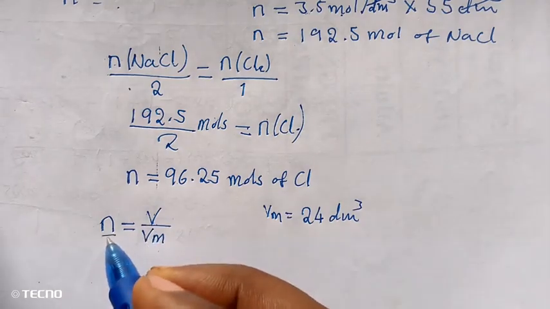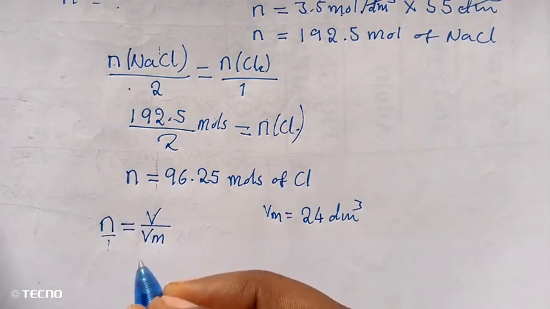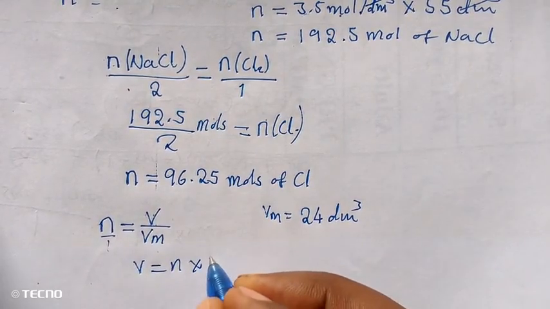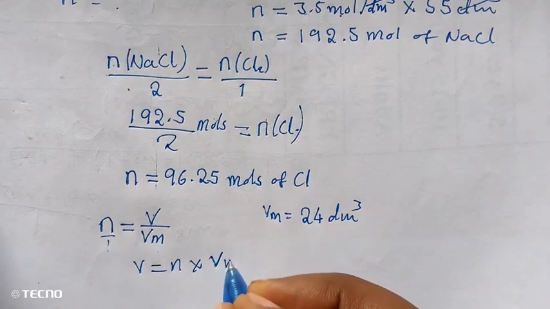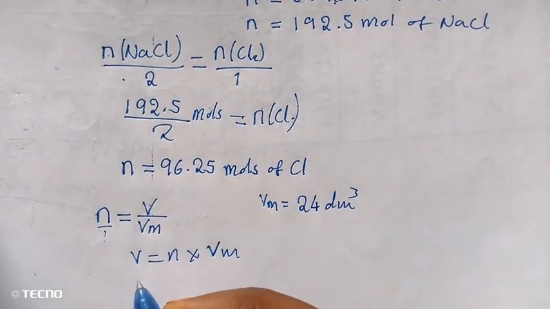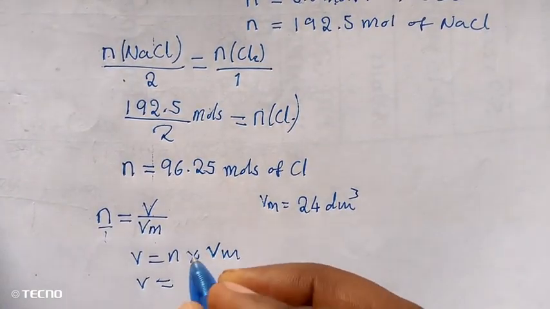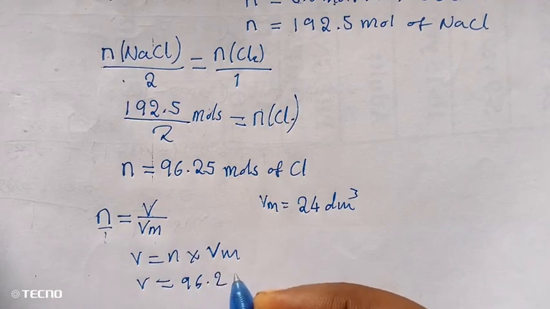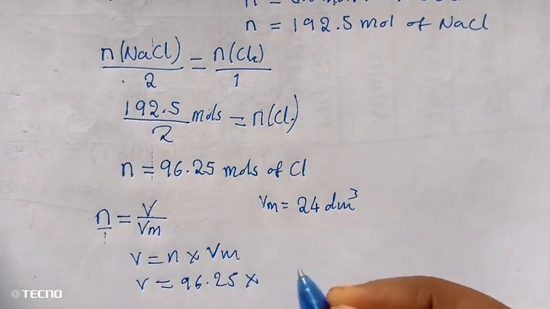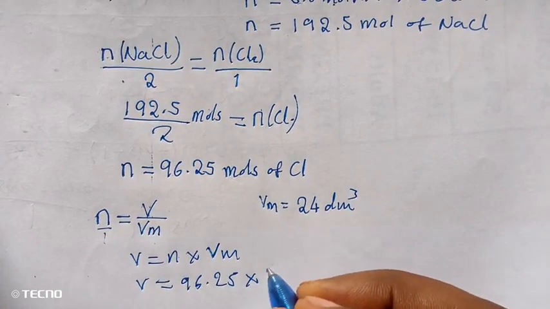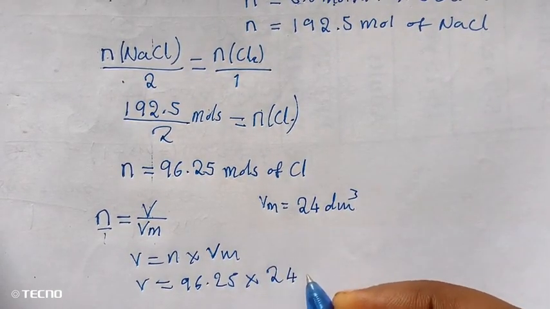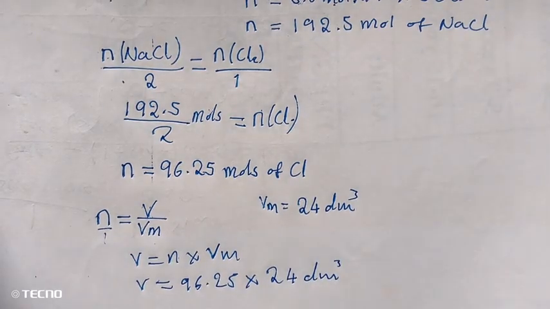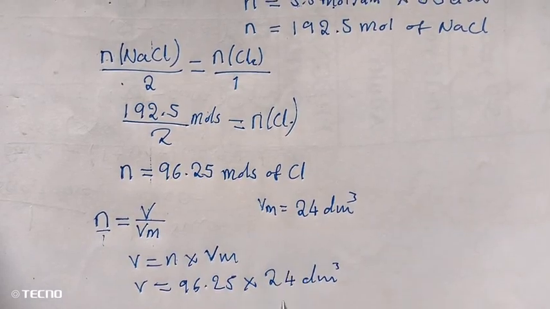So V is equal to n times molar volume. V is equal to 96.25 times 24 decimeter cube, which is the molar volume.